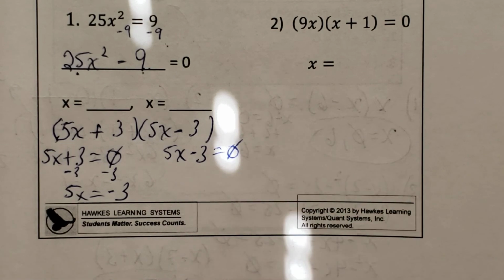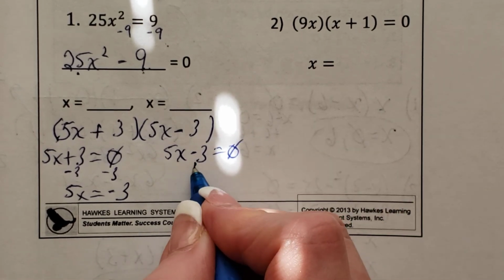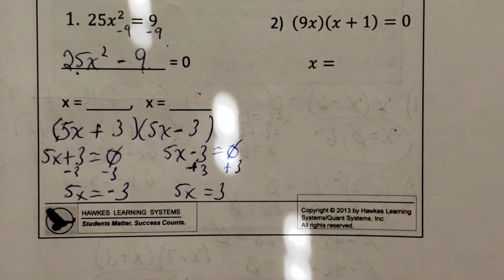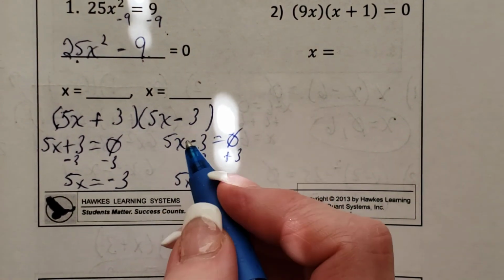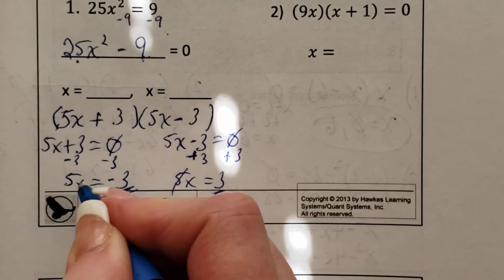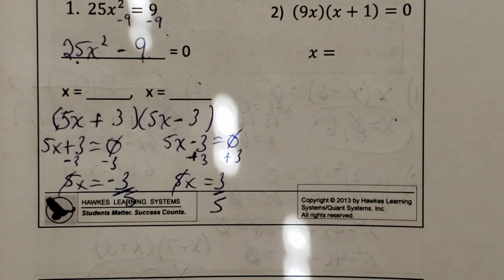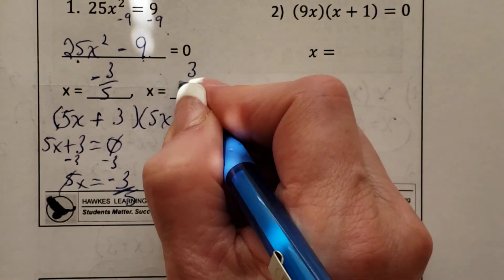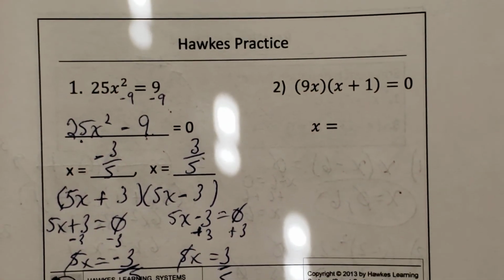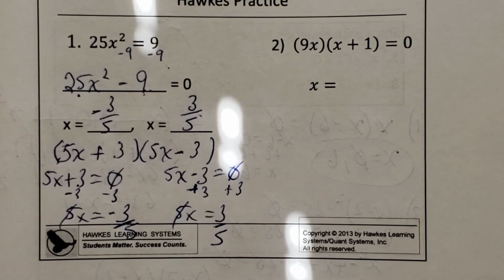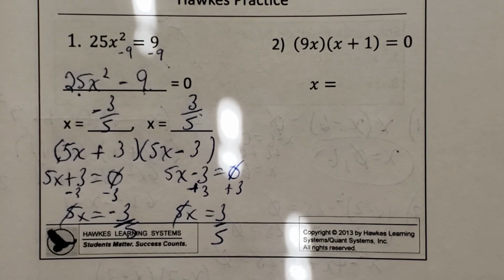I'm going to add 3 first on the other one, and then on both of them I have to divide by 5 to get x by itself. So x can equal negative 3/5 or positive 3/5. So that's a Hawks problem that I had. First thing you want to do is set it equal to 0. Set each of your parentheses equal to 0 and solve for x.